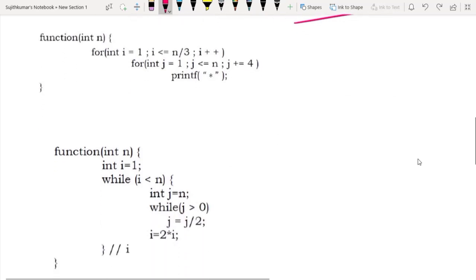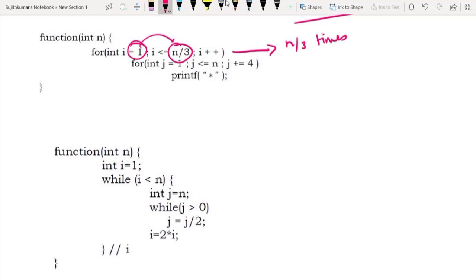So here you can see I starts from 1 to n divided by 3. So this will execute only n by 3 times. Okay, you can merely say n by 3 times, guys. There is no need to apply the formula, that is upper index minus lower index plus 1. Only in the case of finding the total frequency count, exactly the number you want.